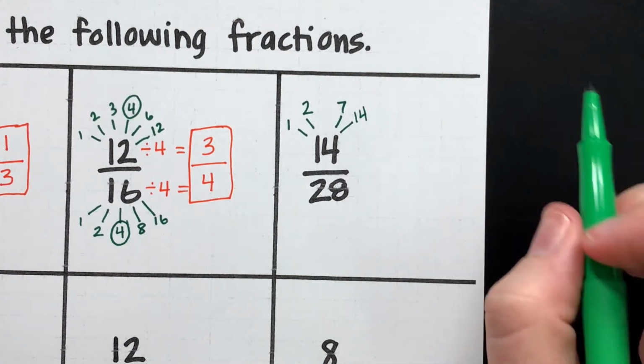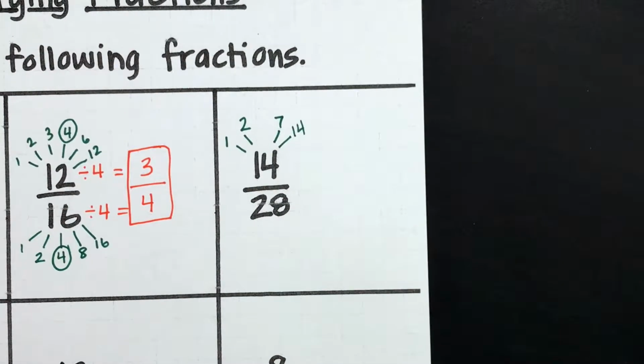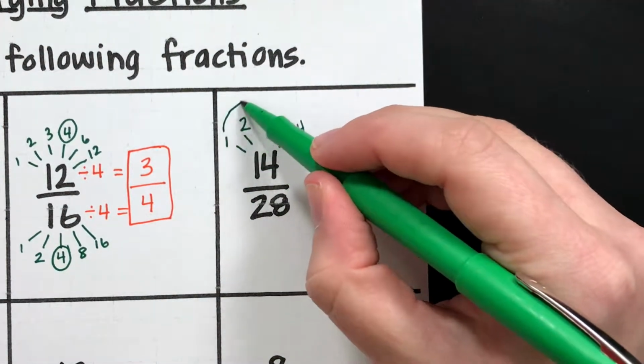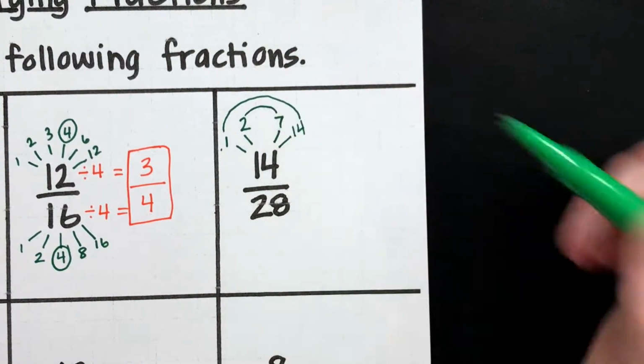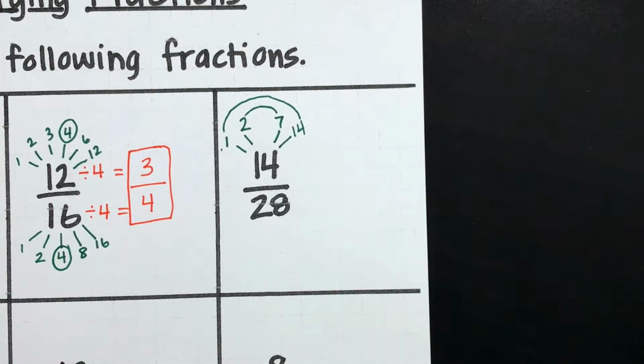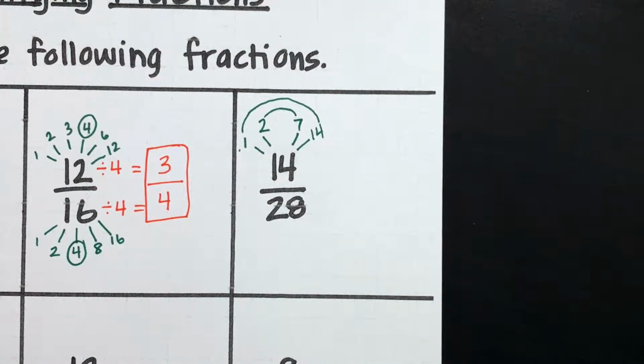You probably remember this from doing greatest common factor, but they actually connect to each other. 1 times 14 is 14, 2 times 7 is 14. Just a little something to keep an eye on when you're looking for greatest common factors.